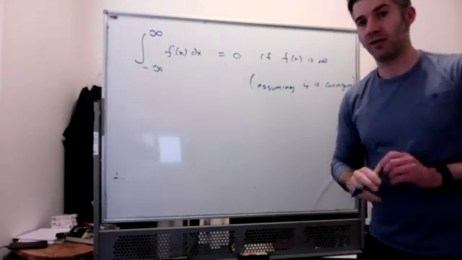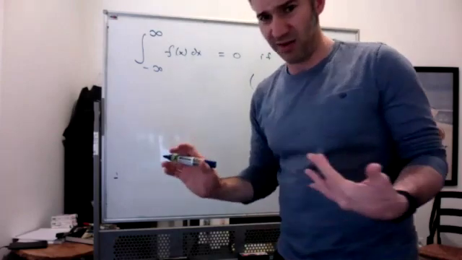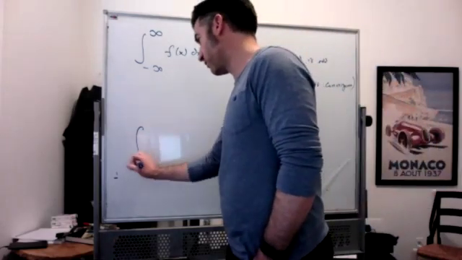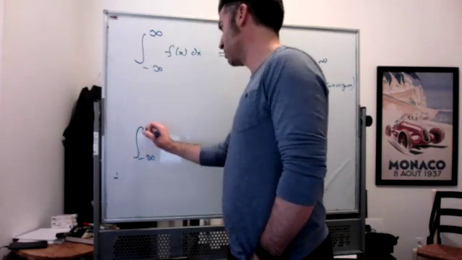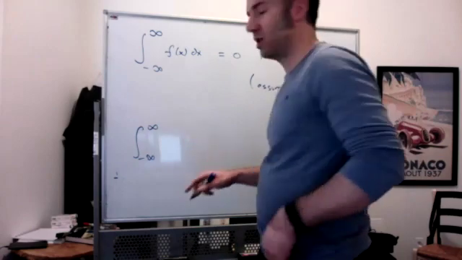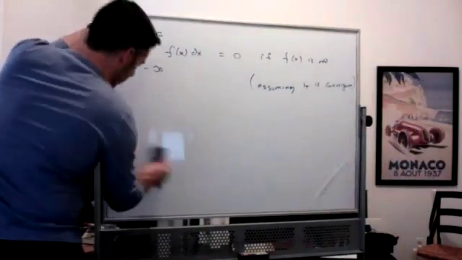So the issue is, and I feel like she didn't really say a lot about this, but I'm going to say something about it. So if you have an integral like this, the integral from negative infinity to infinity of, let's actually, I'm going to come back to this, but let's actually look at an easier example.